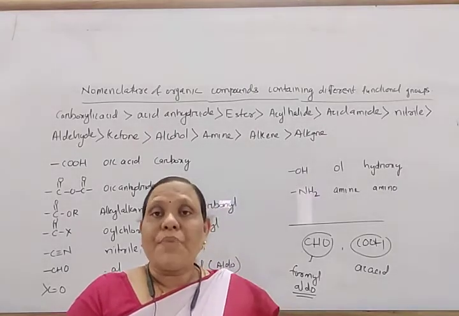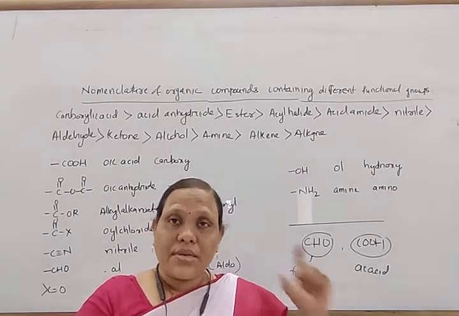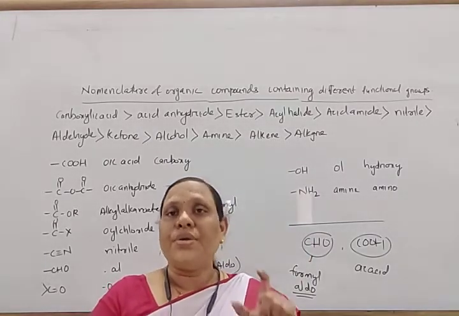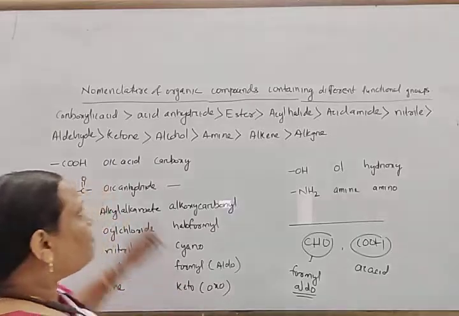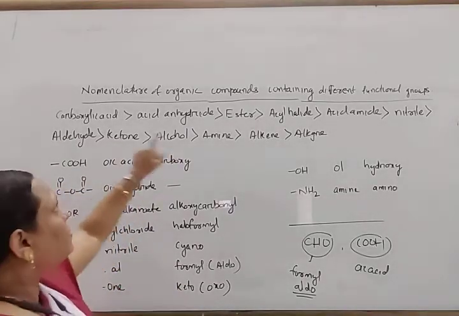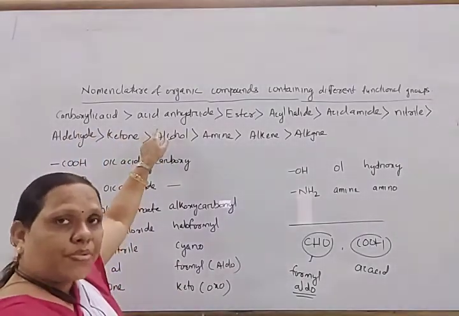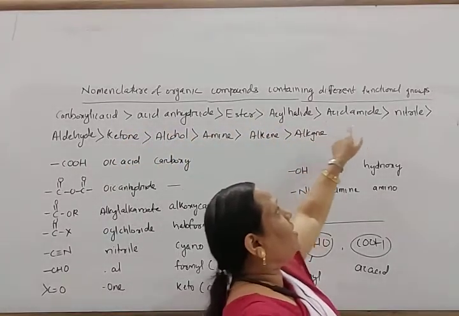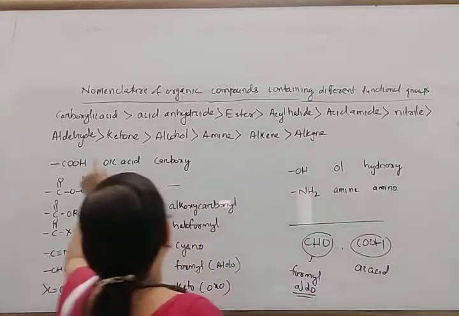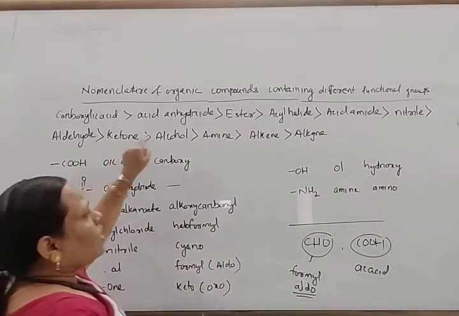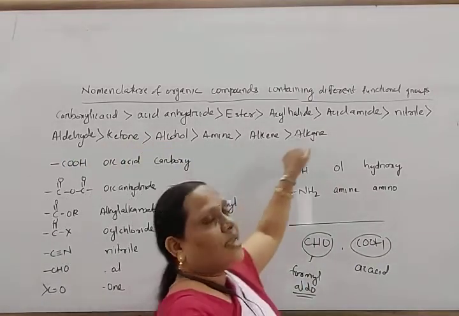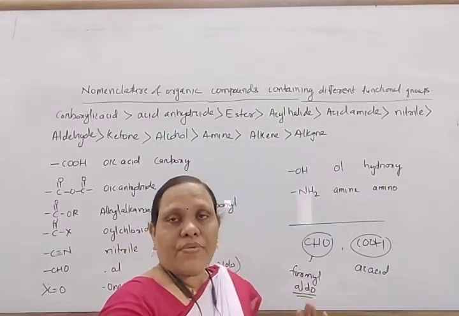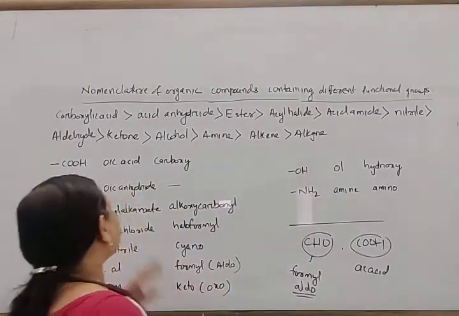After knowing the priority order, we can know for which group we use the suffix and for which group we use the prefix. So this is the priority order of some functional groups. The carboxylic acid has higher priority than acid anhydride, ester, acid halide, acid amide, nitriles, aldehyde, ketone, alcohol, amine, alkene, alkynes. Okay, so these are the different priority orders of different functional groups.